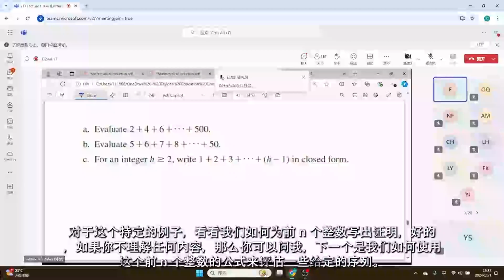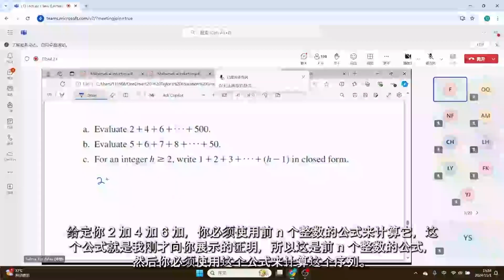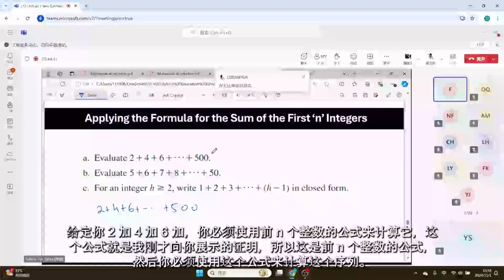So let's go through that. For example, this sequence is given to you, 2 plus 4 plus 6 plus, and you have to evaluate it using the formula for the first n integers. The formula is the one whose proof I showed you just now.